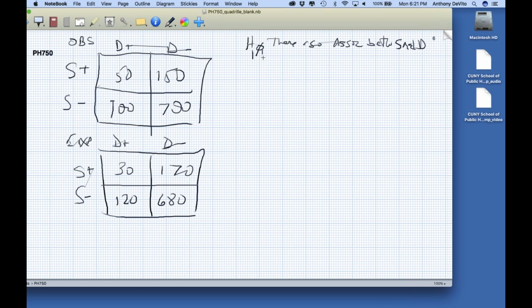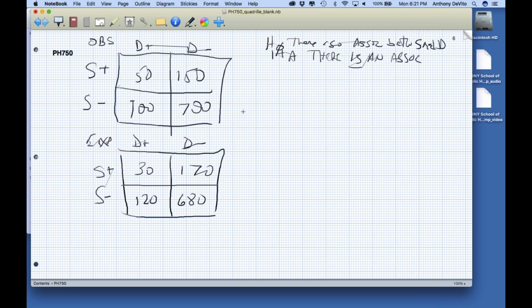And my alternative hypothesis is that there is an association between smoking and lung disease. So how am I going to prove this with this?